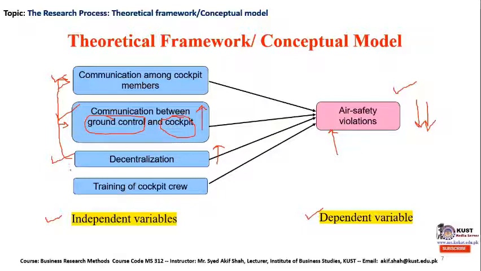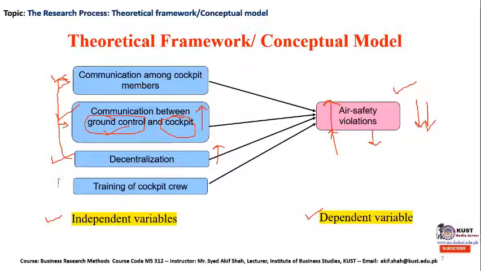So the researcher has made a nexus that if there is an increase in decentralization, it will lead towards a greater number of air safety violations. And if there is a centralized mechanism, every aeroplane and cockpit crew communicates to the ground tower. Therefore, the ground tower may assist them with their air traffic route, which will lead towards a minimum number of air collisions, and ultimately the air safety violations will reduce.